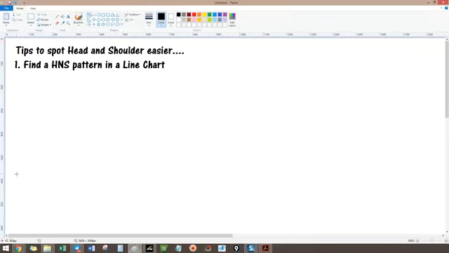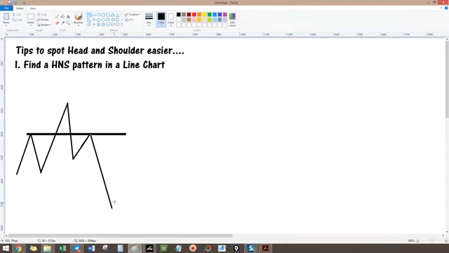So it will look something like this, like this, like this, like this, and like this. This is for sell and this is for buy.